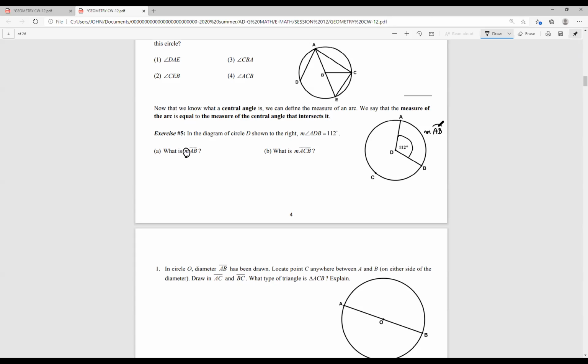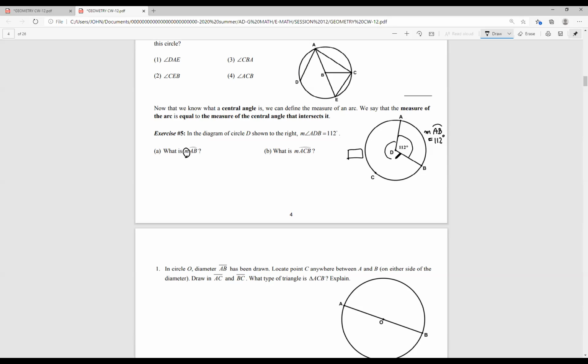What is the measure of this one? Anybody know? Anybody can give us the answer? What is the measure of arc AB? 112. This angle is also equal to the center angle, right? We know 112. What is the measure of angle ACB? This is my major arc on this side.